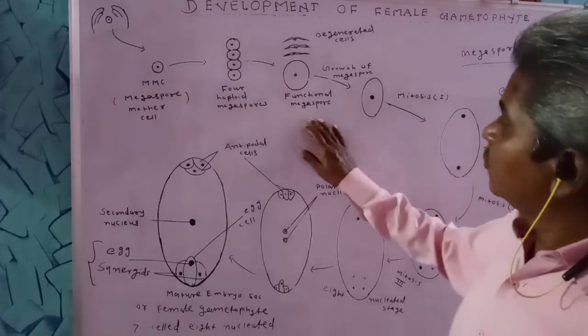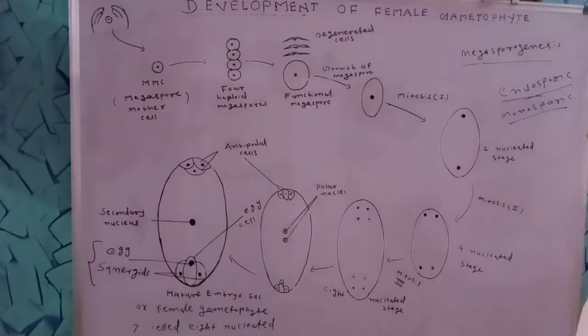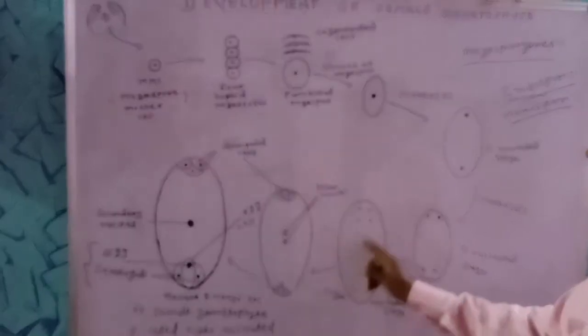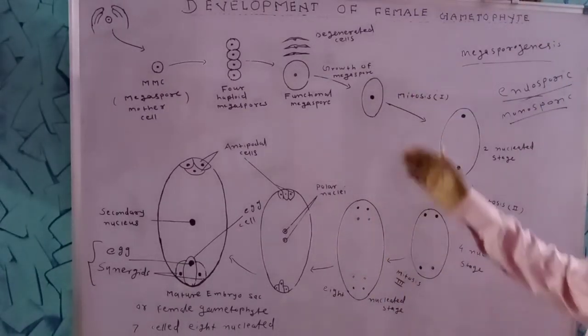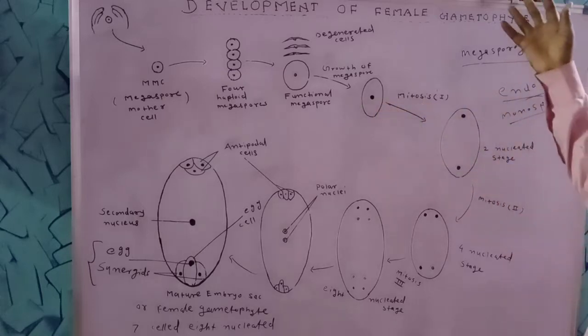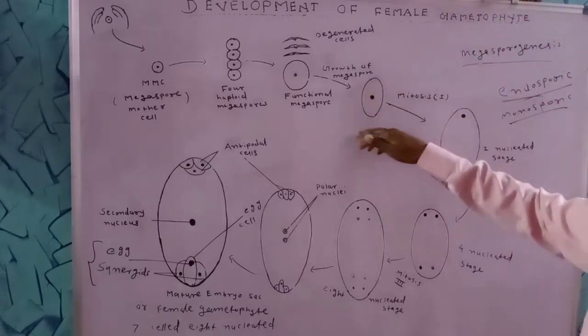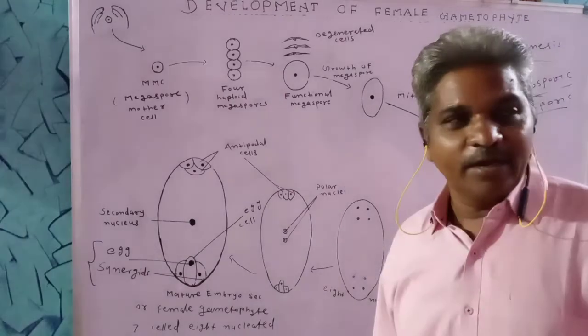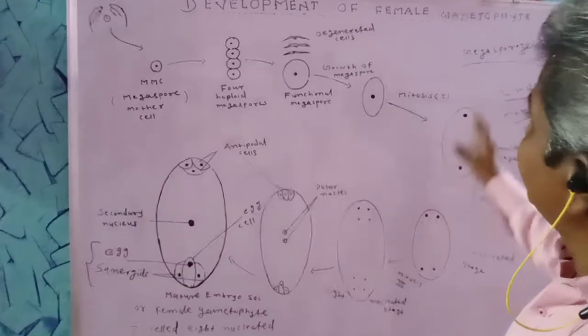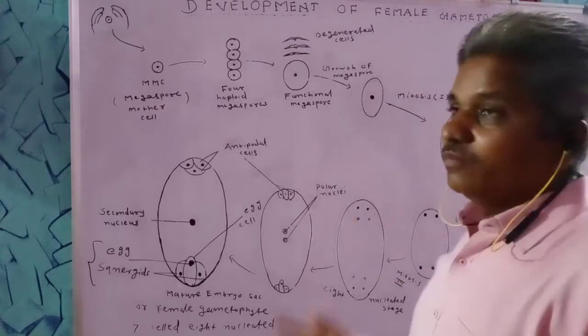And why is it called endosporic? Because all these developmental changes occur within the functional megaspore. So the development of the female gametophyte is endosporic and monosporic.